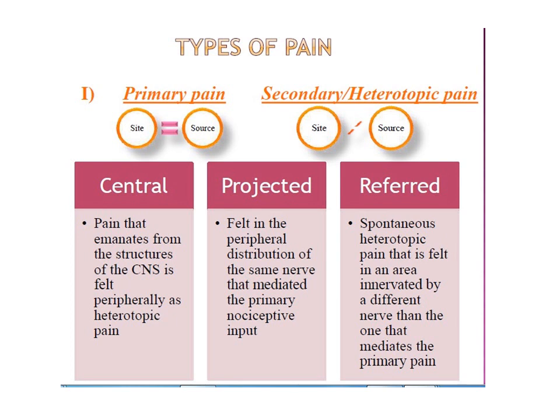And there is a lot, but these things are really related to general medicine, so we don't deal with it a lot. Projected pain is felt in the peripheral distribution of the same nerve that mediates the primary nociceptive input, which means that sometimes patients come to you telling you that they have some paresthesia or anesthesia in the lower lip or in the chin area.